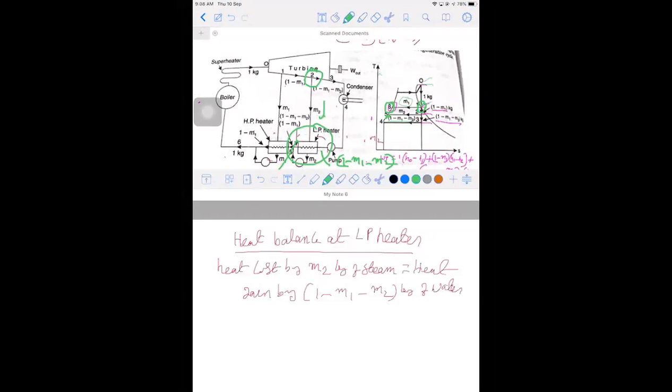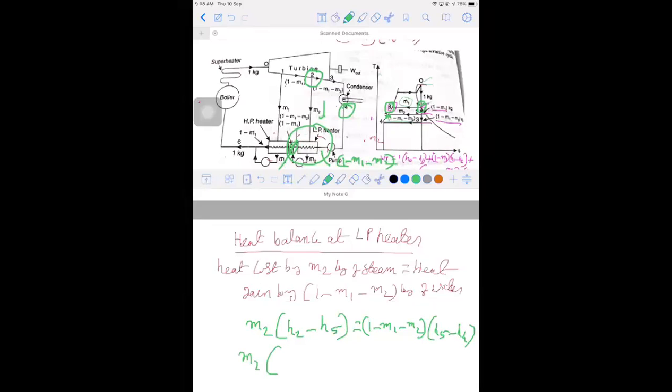So the corresponding values are M2 into H2 minus H5 is equal to 1 minus M1 minus M2 into, the entry position is 4, exit position is 5, heat gain means H5 minus H4. Further, we can make it as M2 into H2.